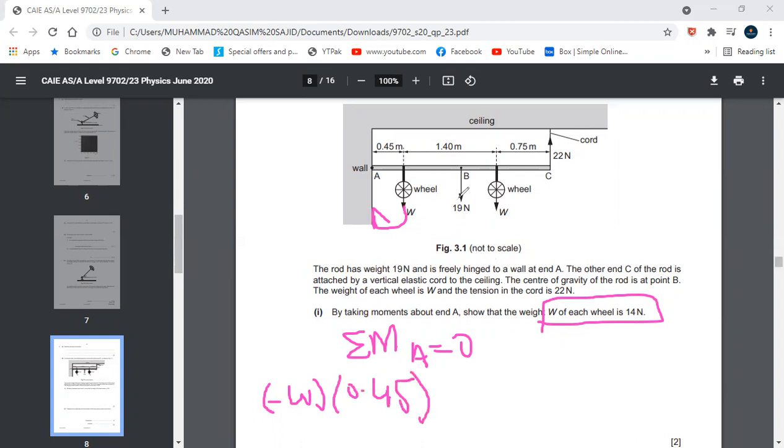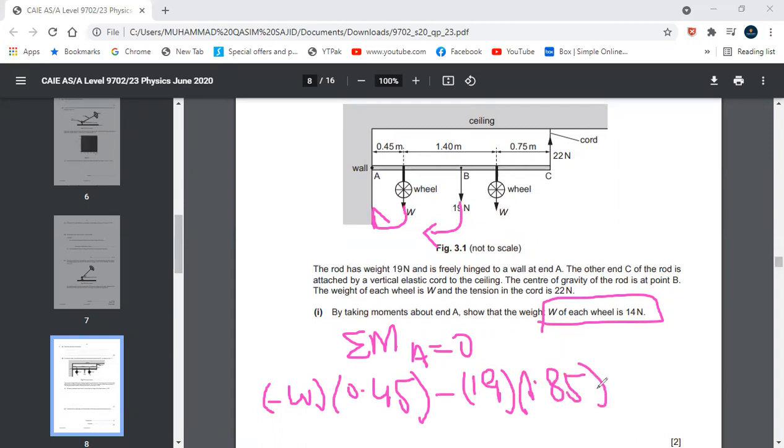Then the second is 19 Newton. This is also downward, that is clockwise, so it must have a negative sign. Negative 19 into the distance, which is 1.40 plus 0.45. So the distance is 1.85.